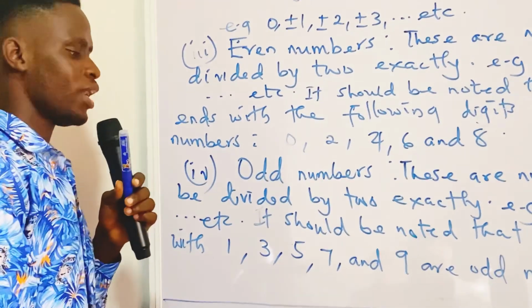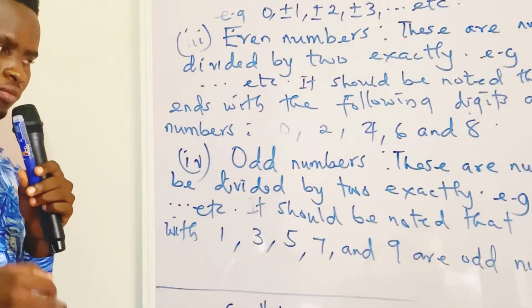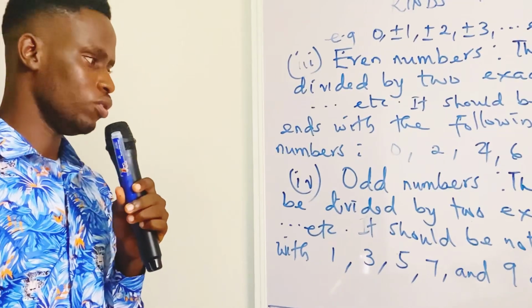So whenever you come across a number that ends with 1, 3, 5, 7, or 9, then you can say they are odd numbers.